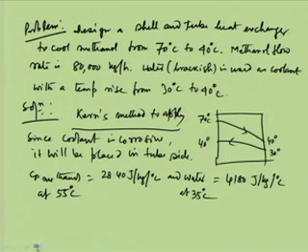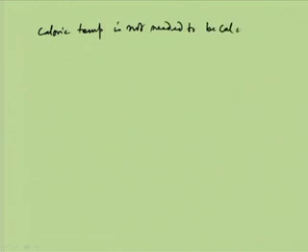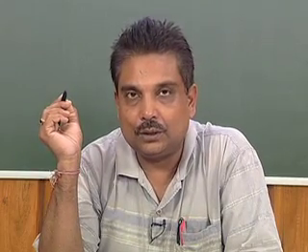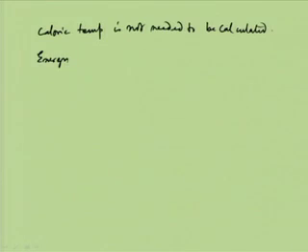One more point to be told here is that caloric temperature is not needed to be calculated, because none of the fluids have very high sensitivity in their viscosities with respect to temperature.